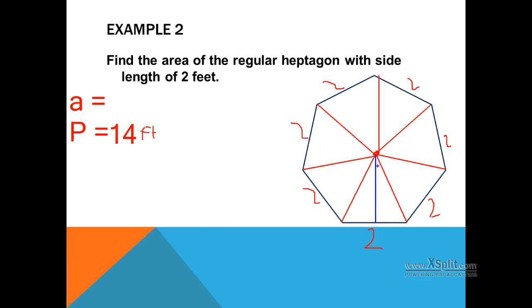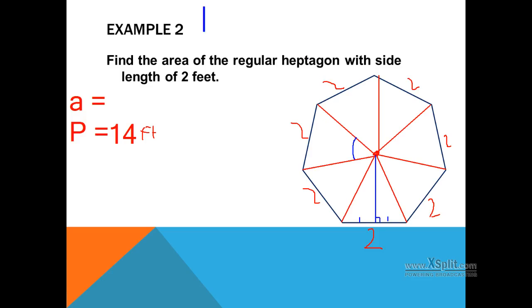we have an apothem, the blue portion here that we want. It's not 2. We'll give you a clue. This base here is being broken up into a couple pieces, 1 and 1. We want to find this top angle. We don't know what it is yet. However, we do know that any of these central angles are going to be 360, and there are 7 of them, so we do 360 divided by 7.